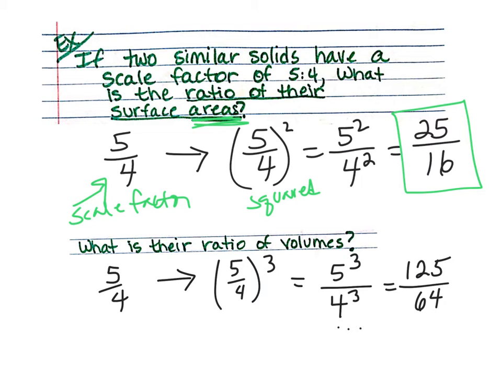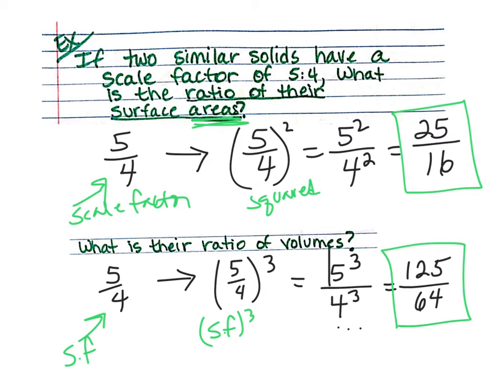So again, we have our scale factor. Here we're going to take our scale factor and cube it, and then we get our answer. 125 to 64 is the ratio of the volumes. We can also write this with the colon symbol, so 125 to 64 is another way to write that ratio.